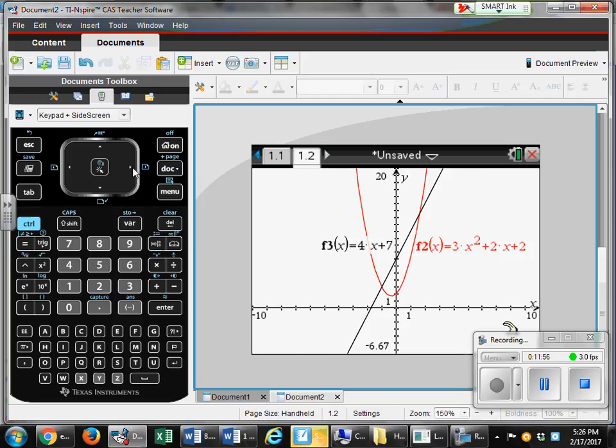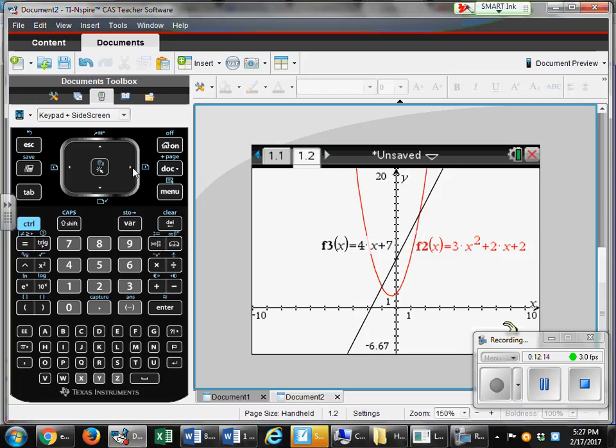Took me a second to get my window set up, but I need to figure out where that parabola is below the line. Well, that's going to be in this space, kind of right under here. So I need to go figure out the intersection points on that.